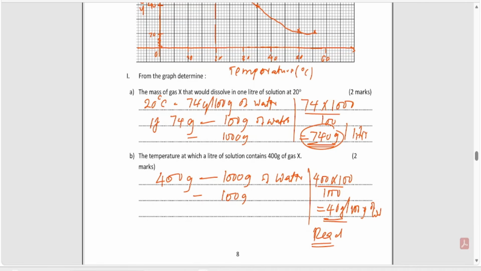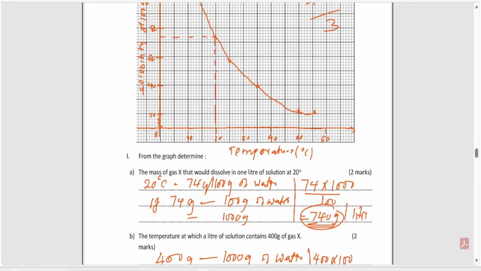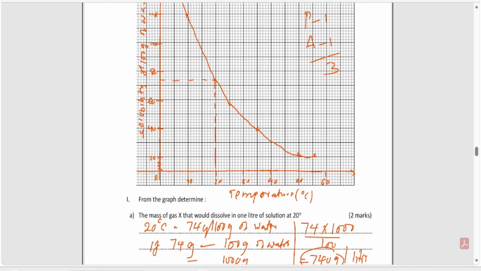So from the graph at a solubility of 40, I use my ruler and determine the temperature.